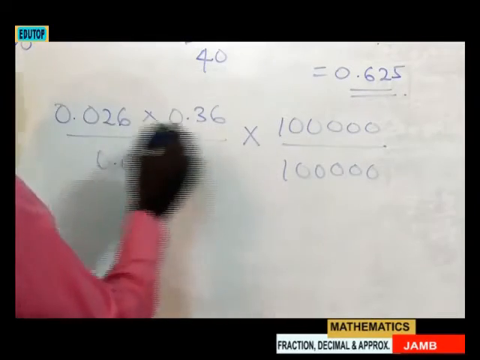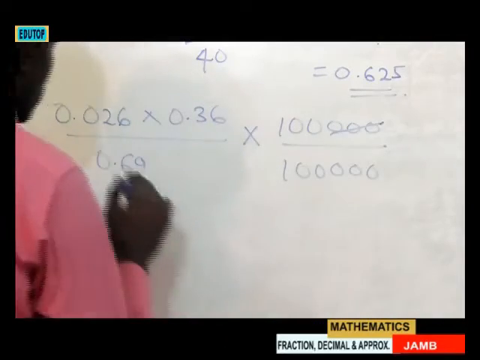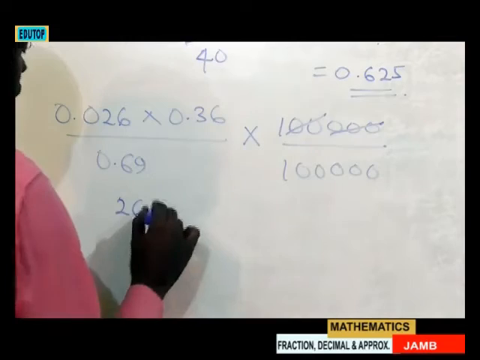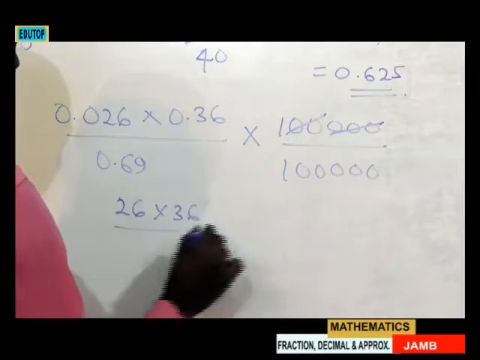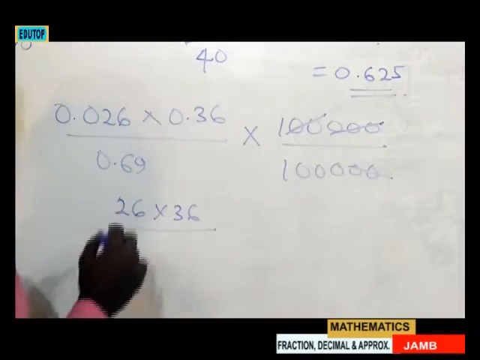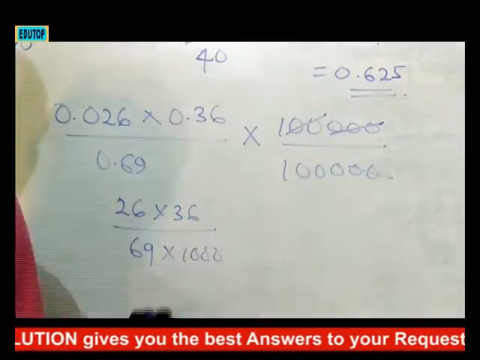So the essence of this is to remove the decimal so that it can make our simplification easier. Now you have 3 decimal places, which go with 3 zeros, so you have 26. 2 decimal places go with 2 zeros, you have times 36 over, this is 2 decimal places, it goes with 2 zeros, then you have 69 times 1000.